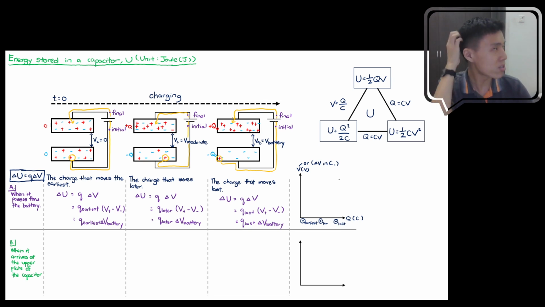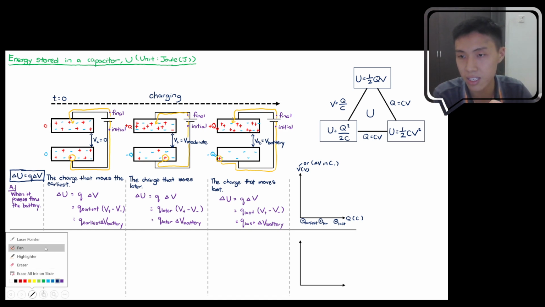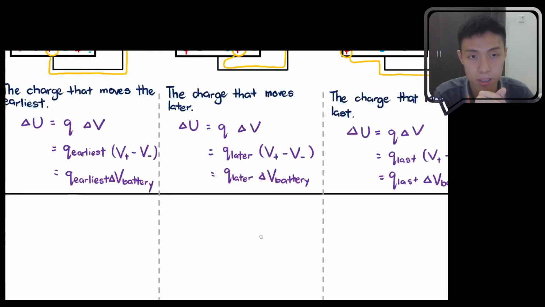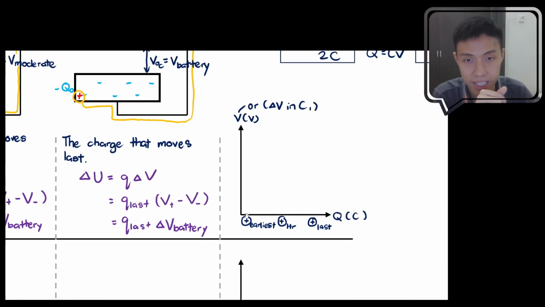Okay, the correct concept is to talk about dq, which is very small amount of charge. So actually you can slice the x-axis here to be dq, dq, dq, and so on.